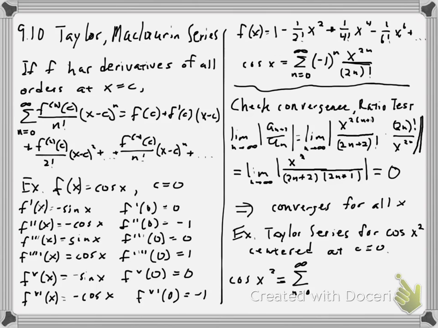So if we plug in x squared for x, we have a minus 1 to the n, and then x squared raised to the 2n, and then divide by the 2n factorial. I'm out of board space here, so I'll go to the next board.